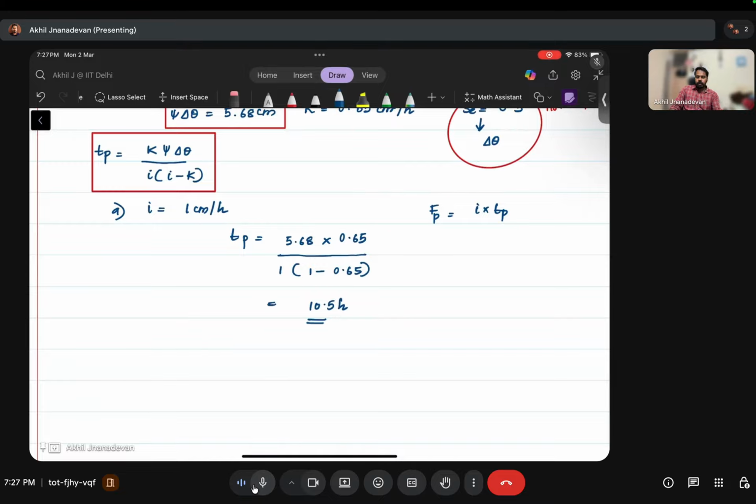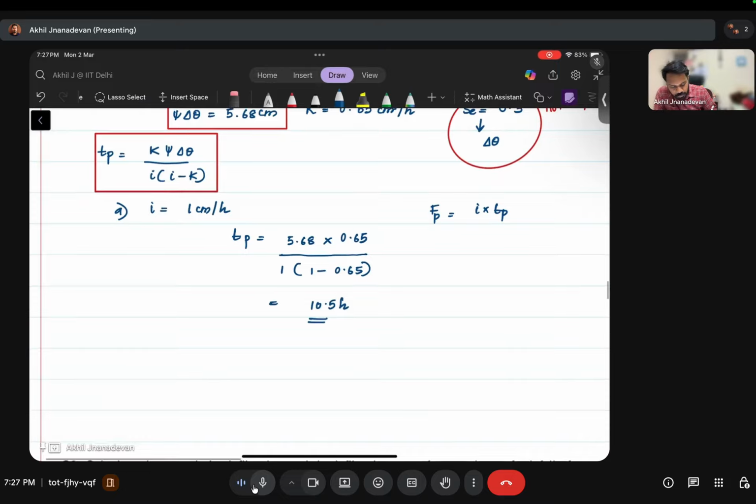So before ponding, the infiltration rate and the rainfall intensity will be the same. We just have to multiply I with Tp, that is 1 into 10.5, that is 10.5 centimeter. Till the time of ponding, the infiltrated water depth will be 10.5 centimeter.